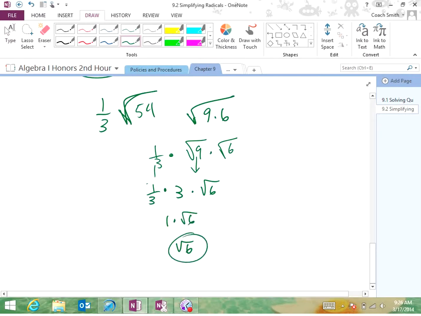If you prime factored it, which is fine, you can start with 2, you can start with 3. It just has to be prime. Okay? 2, 27, 3, 9, 3, 3. Okay, well, you can either do it here, so that's 2 times 3 squared times 3.